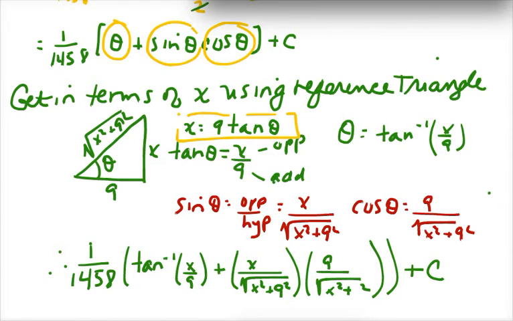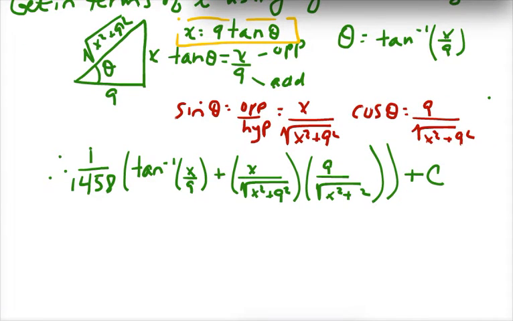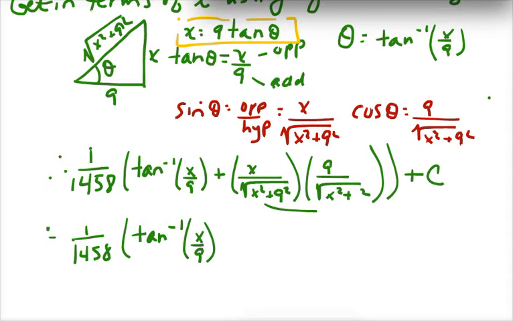You could clean this up just a little bit. 1 over 1458. Tangent inverse, there's nothing you can do there. But here, you can combine those two terms. Multiplication of the square roots is going to cause the square root to go away. And you're left with 9x up top. So that's your final answer.